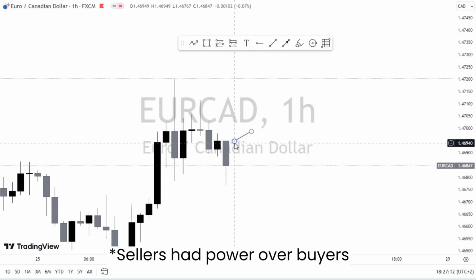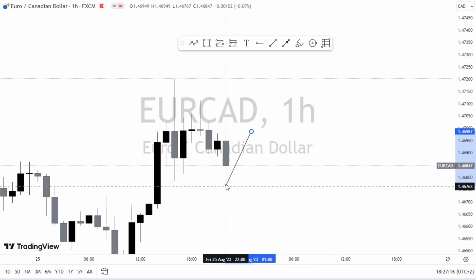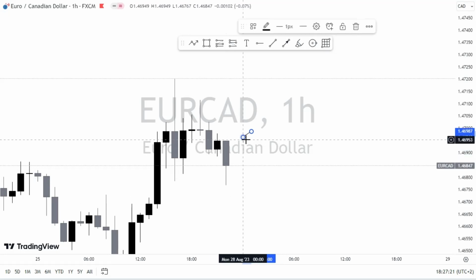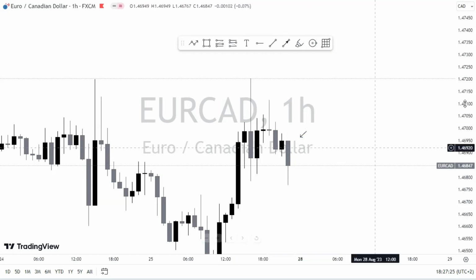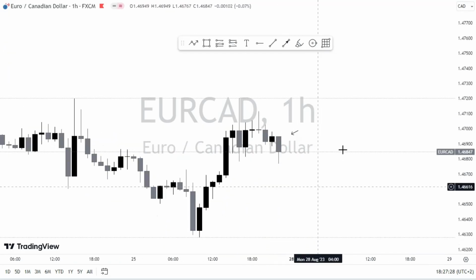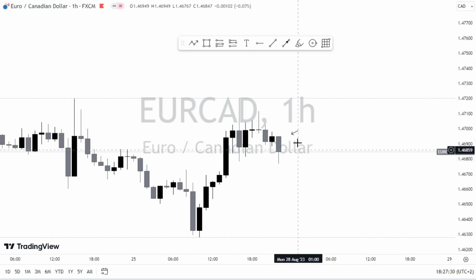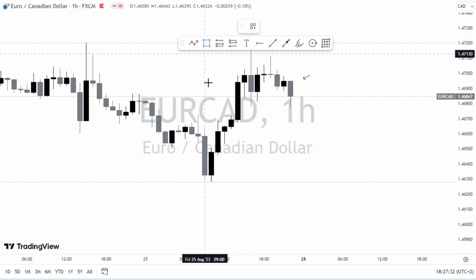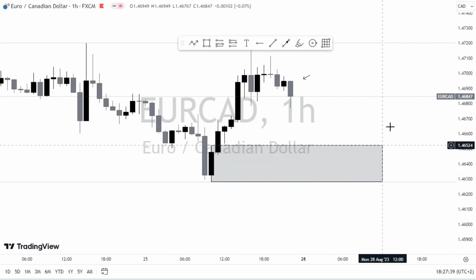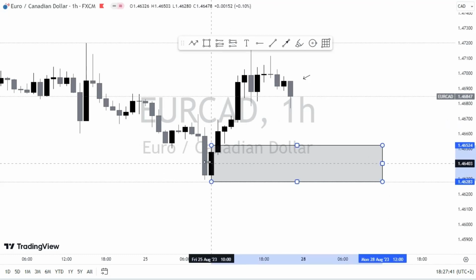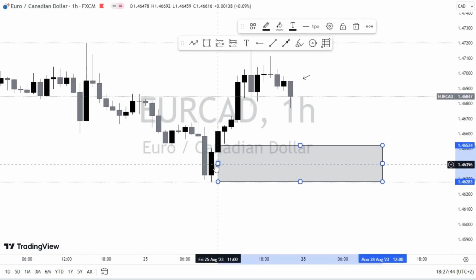The sellers had power. So guys, that's what we meant by candlesticks, and that's how we use candlesticks. We also use them for our supply and demand, basically order blocks.